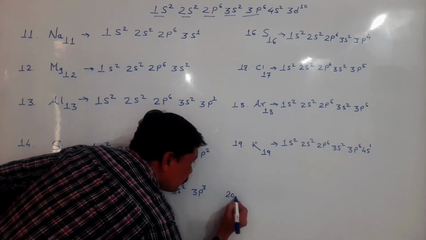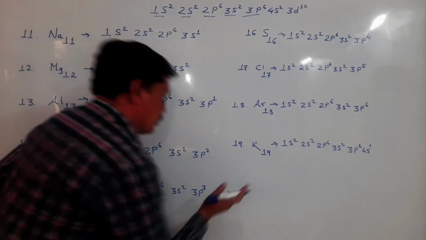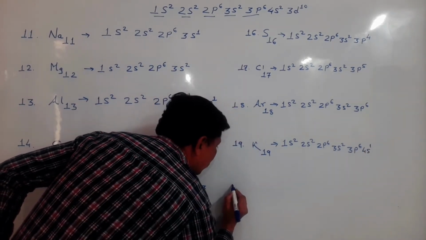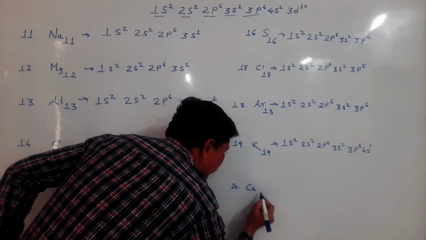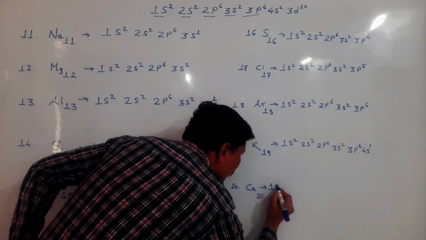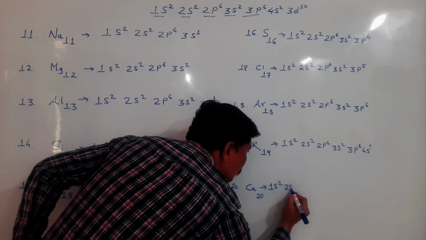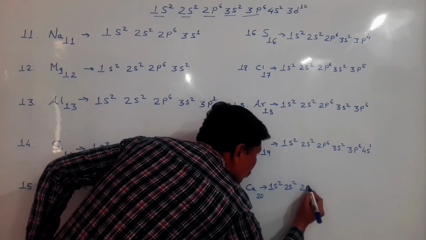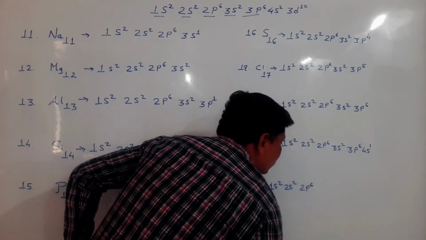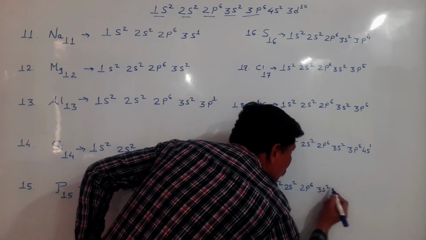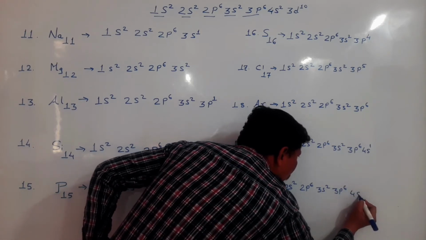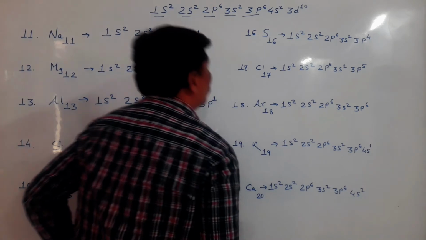Number 20. Calcium, atomic number 20, electronic configuration 1s2, 2s2, 2p6, 3s2, 3p6, 4s2.